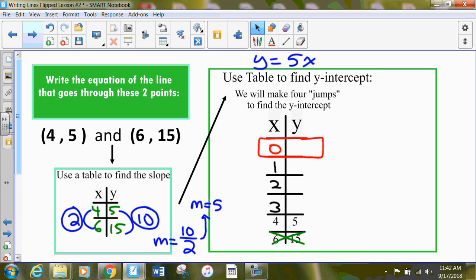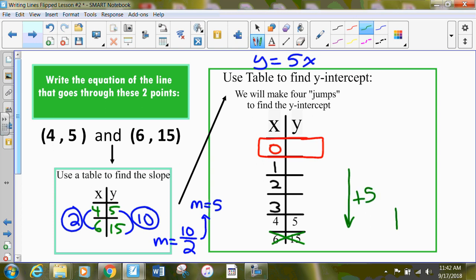So we're going to look at our pattern. We know that our slope is 5. That means as we move down the table, we are adding 5. As we move up the table in the y column, we're subtracting 5. So as we move up, 5 minus 5 is 0. 0 minus 5 is negative 5. Negative 5 minus 5 is negative 10.